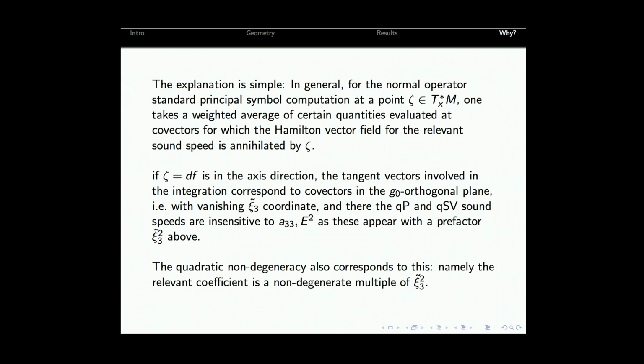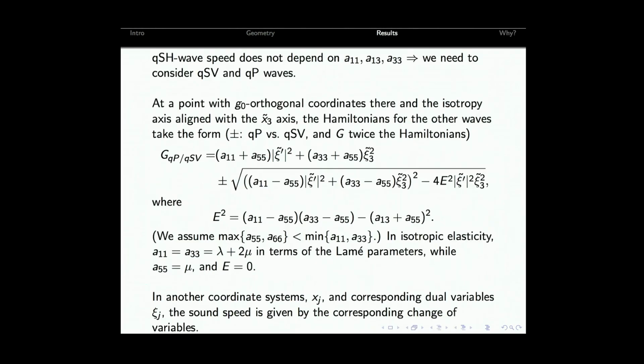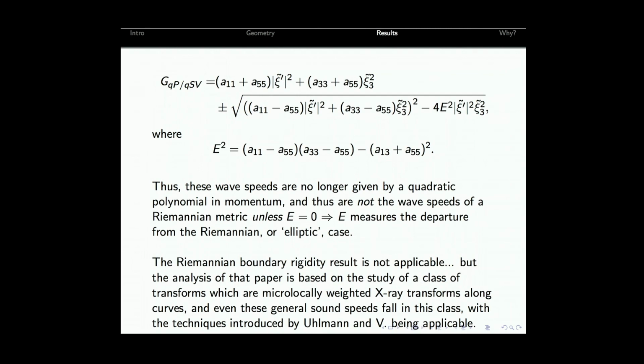Remember, f was the function whose level sets gave you the layers. So if you do that, then unfortunately, in the orthogonal directions corresponding to it, so these are the level set directions, if you just stare at the formula for the wave speeds, here they were, A33, so you already know A55, so that's not an issue. But A33 and A13 only enter with this psi3 tilde squared factor. And these orthogonal directions are exactly where this thing is vanishing.